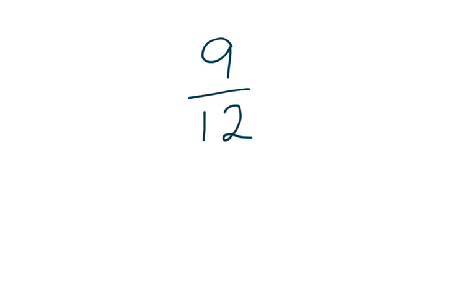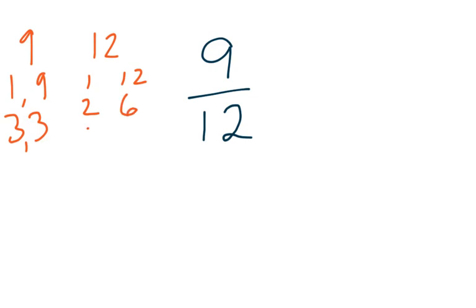We have to think if 9 and 12 have another common factor. If you don't remember, then we can find the factors for 9 and 12. 9's factors are 1 and 9 and 3 and 3. 12's factors are 1, 12, 2 and 6, 3 and 4. Do you see any numbers that 9 and 12 have in common?